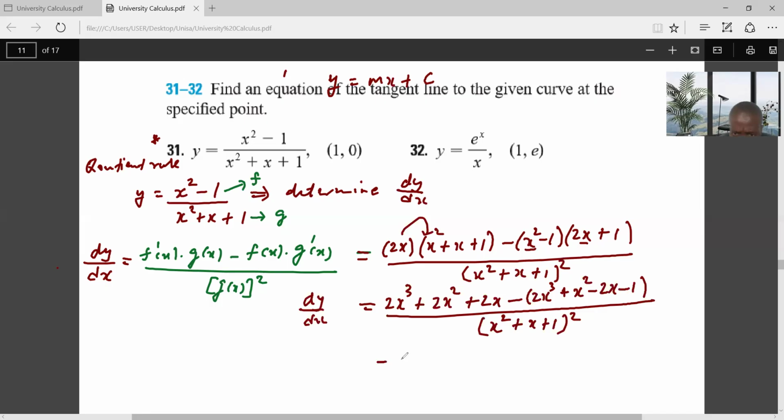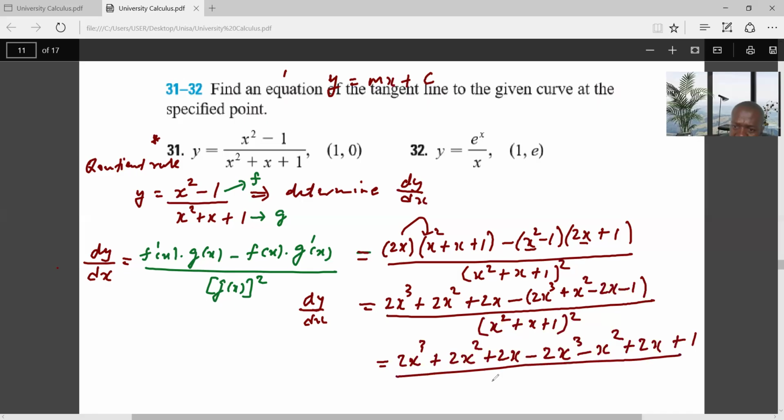Let's remove brackets: 2x cubed, 2x squared, 2x, 2x cubed, x squared plus 2x plus 1, all over x squared plus x plus 1, all squared. Obviously, when you look at this, this will become 0.